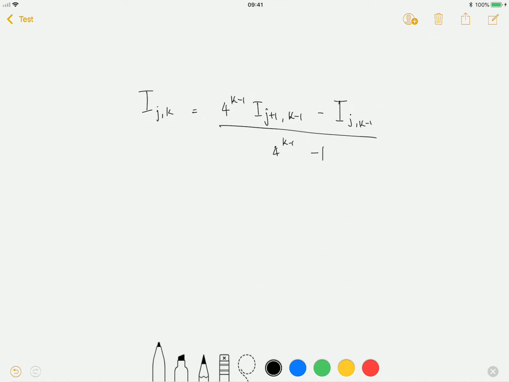So, for example, k equals 1, we're talking about a first order accuracy integration.